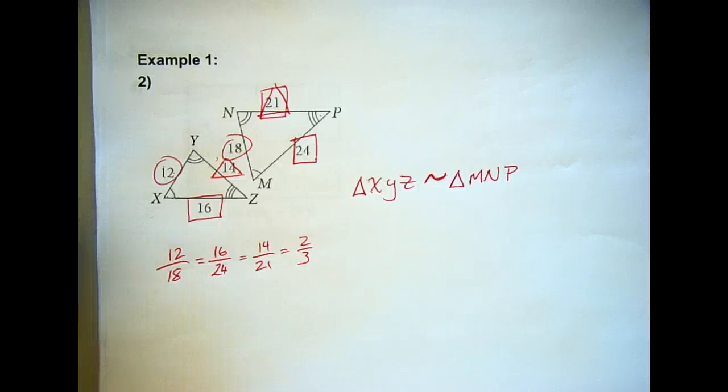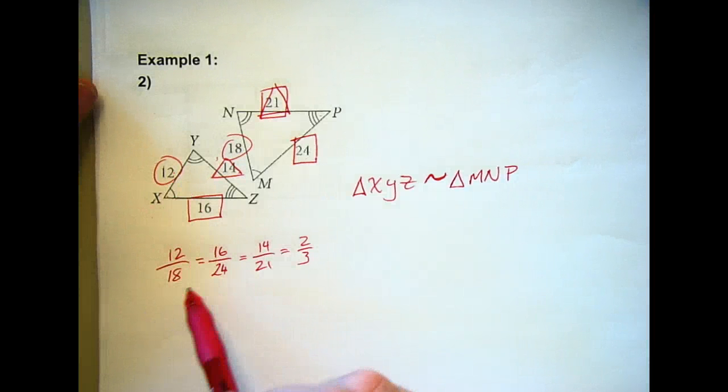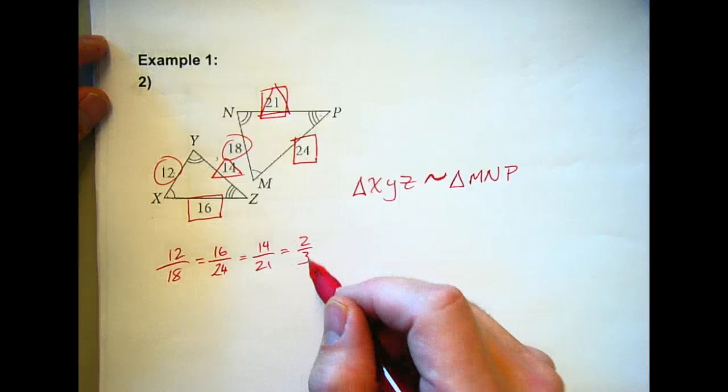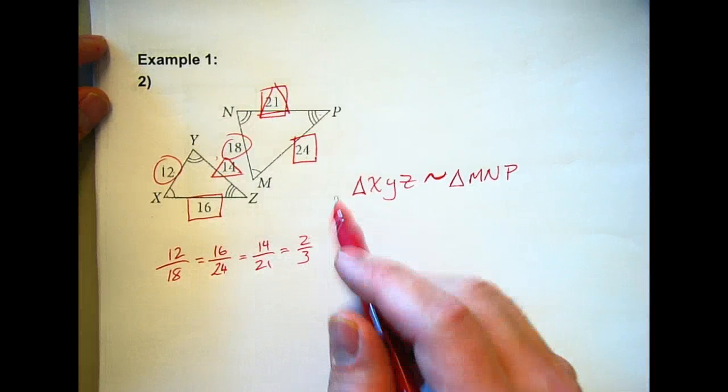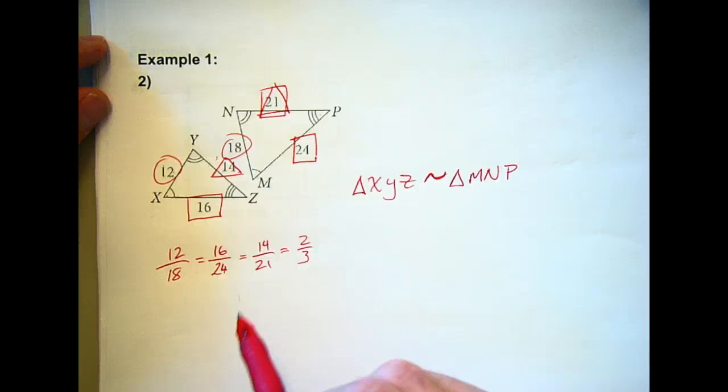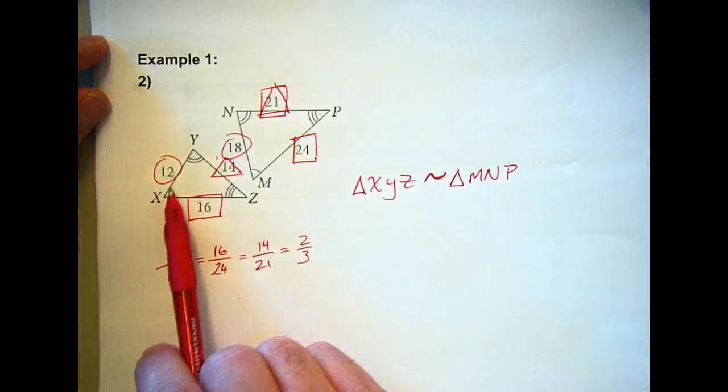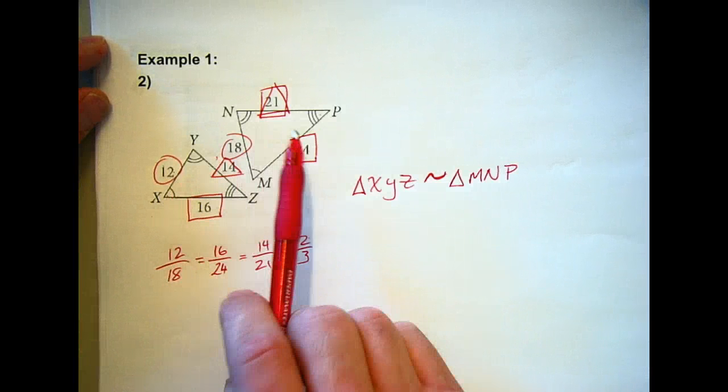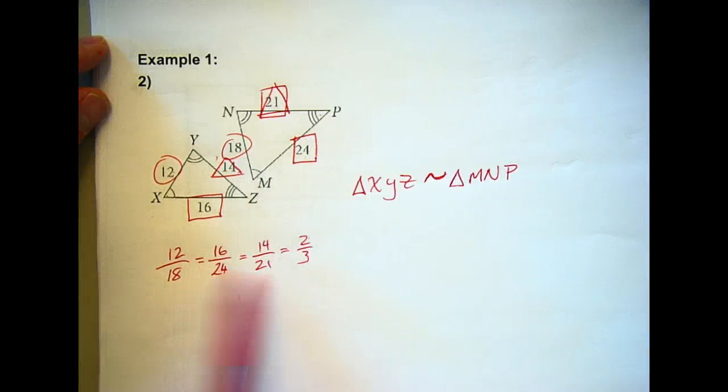Okay. Wait, actually, what do you got? Does it matter when you switch, like say instead of 14 over 21, 21 over 14, you just have a similarity ratio of 3 to 2? Yeah, so if you flipped them upside down, unless they specify this triangle to that triangle, then it would be okay either way.